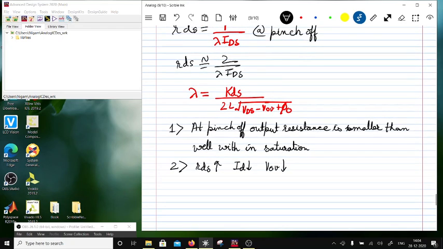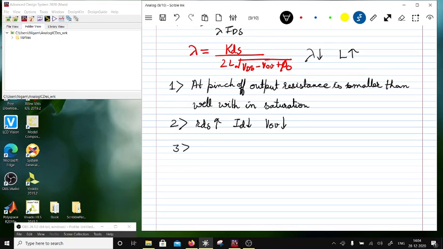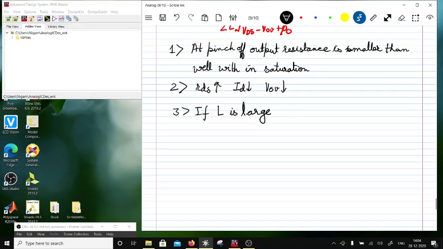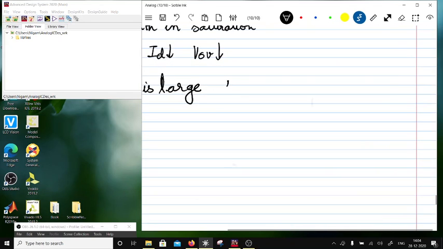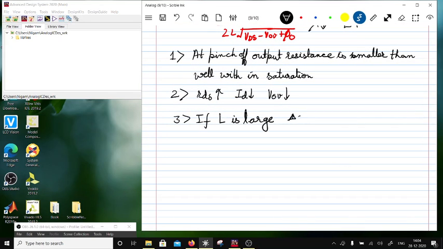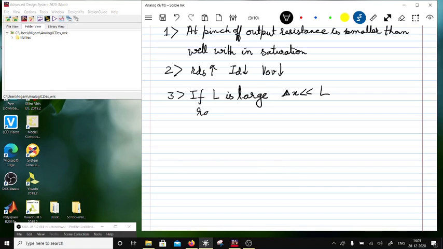Next thing you will observe is that if lambda is small, so when will lambda be small? Lambda would be small if L is large. So the third point is, if L is large, then delta X would be much smaller than L. When this occurs, RDS is going to be large.